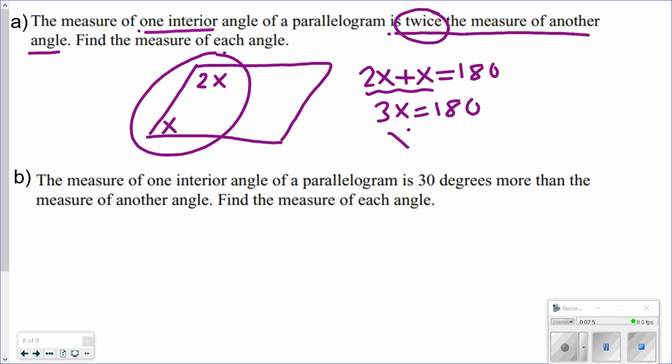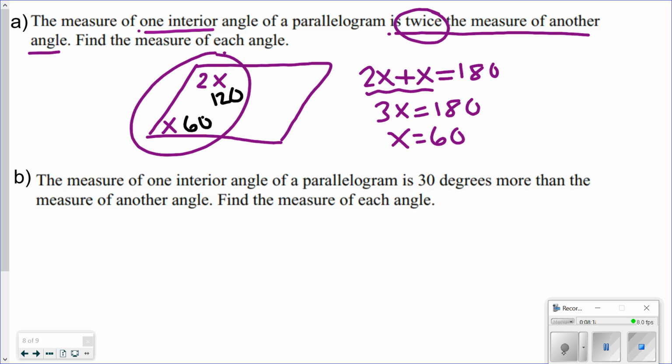So we end up getting that x is equal to 60. So that means that this angle here is 60. If I plug in 2 times 60, that means the obtuse angle is 120. And this matches my situation because it tells us that one angle is twice the measure of the other angle, and 120 is double 60.